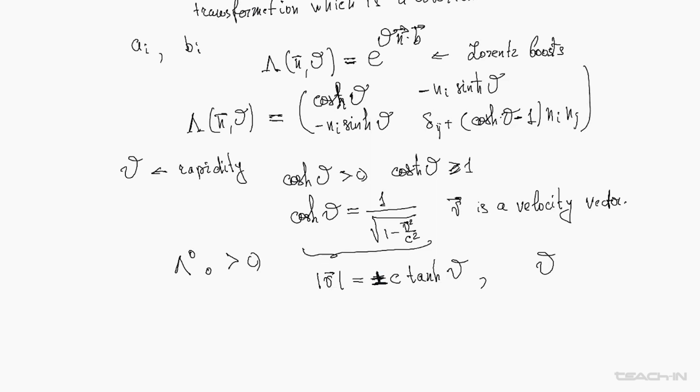Because in that case, tangent will be positive, and you will get on the right-hand side the non-negative expression. In this case, if you make this choice, then the variable sinh of varTheta will be given by modulus of v divided by c square root of 1 minus v squared divided by c squared.